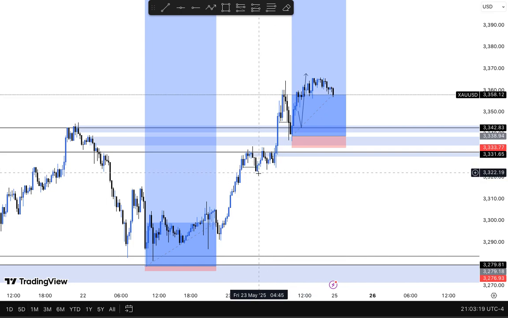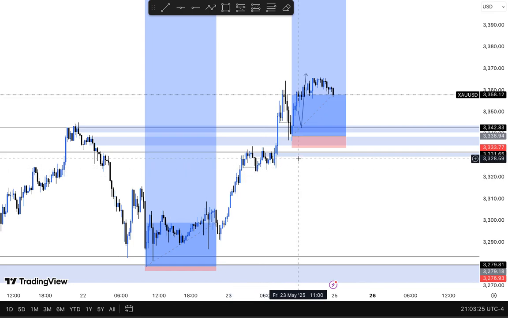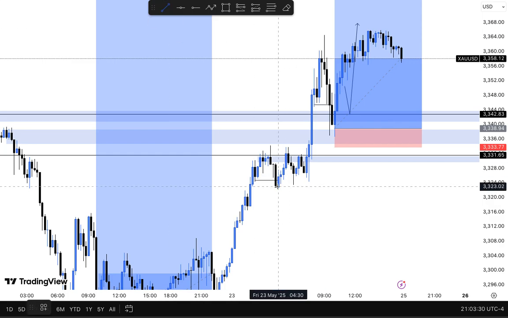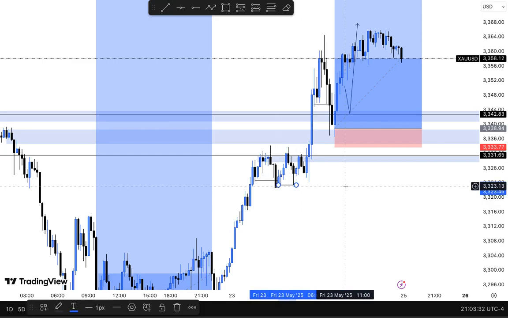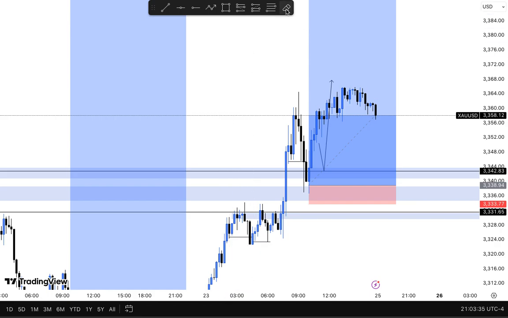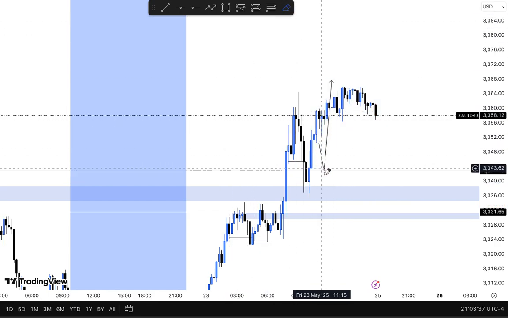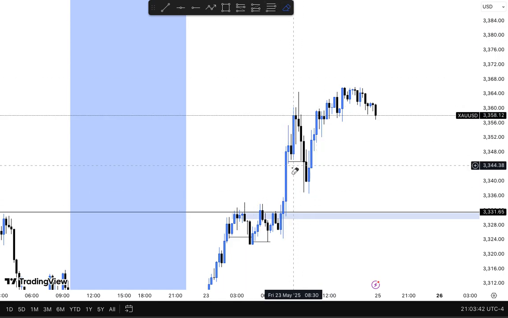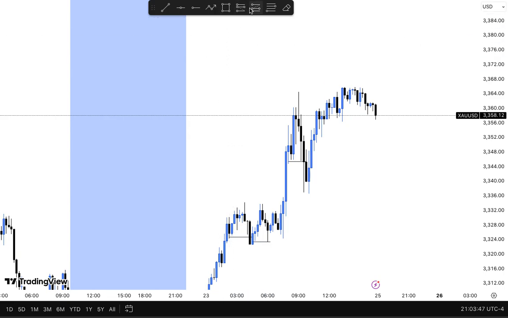Then it formed a buy side liquidity. This is the buy side liquidity, these three bullish candlesticks. These three bullish candlesticks are a buy side liquidity, and the market also swept a bullish order block.